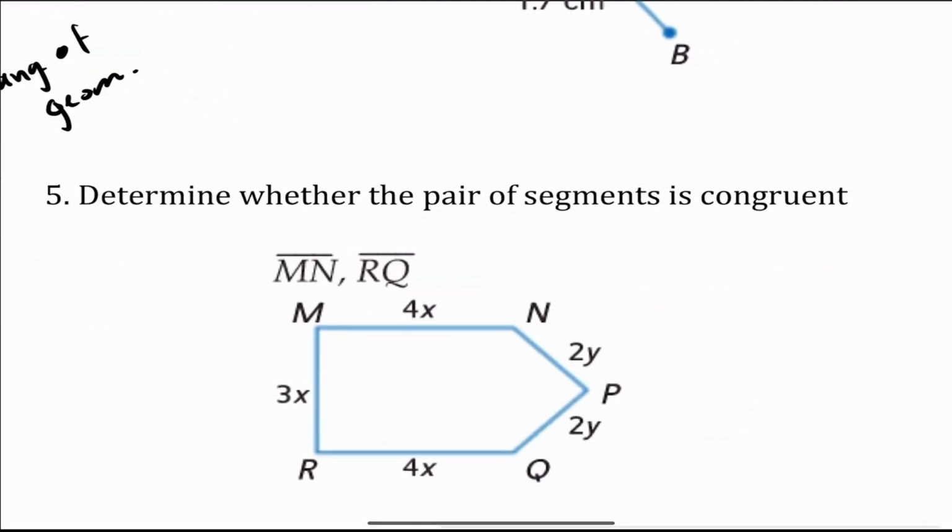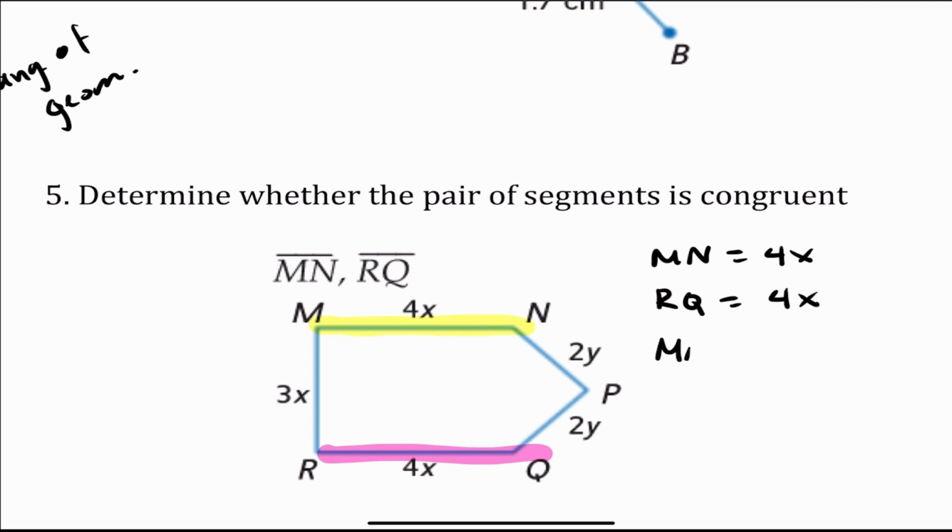Number 5, determine whether the pair of segments is congruent. We have segment MN and segment RQ. Are these two segments congruent to each other? We know that the measure of MN is 4x. And the measure of RQ is also 4x.